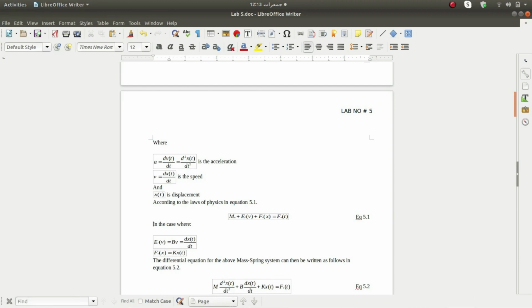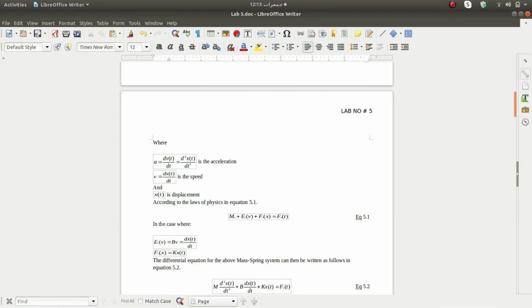Here we have equation 5.1, which is a law of physics. If we apply any force, it will be equal to the sum of the individual forces acting upon that body. We have three different forces in this case. The first one is the mass multiplied by acceleration, the second is the frictional force, and the third is the spring force.